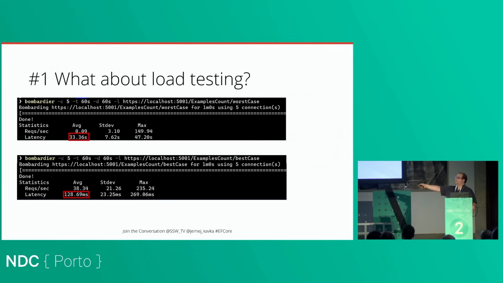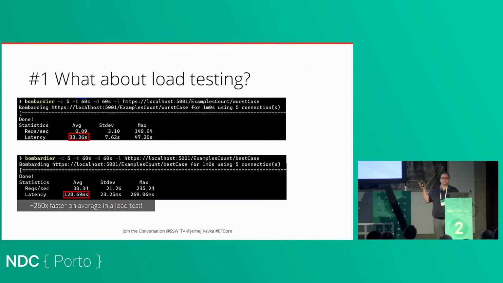Whereas if we do it properly with the IQueryable, it stays 130 milliseconds. So now we have a difference of 260 times faster. And this is sometimes the cost of not understanding what happens behind the scenes and then saying, well, it sucks because it doesn't work well.